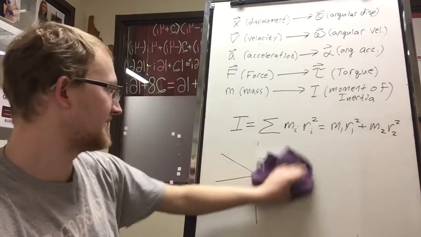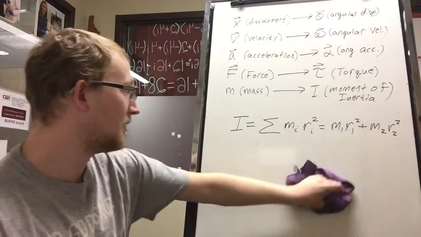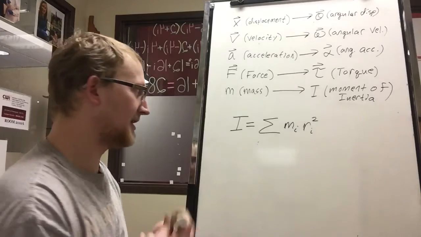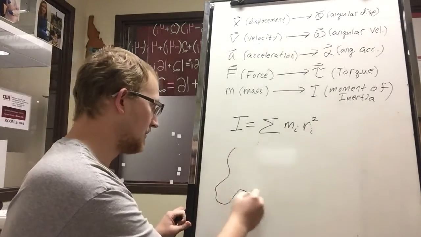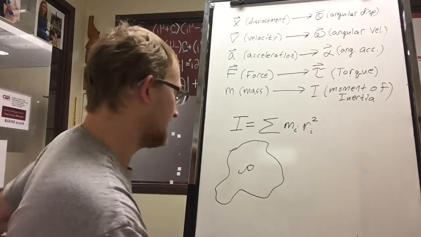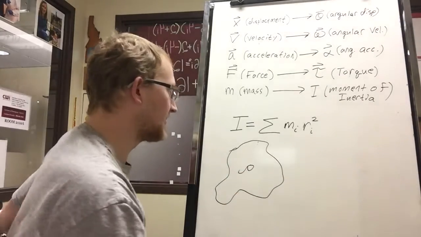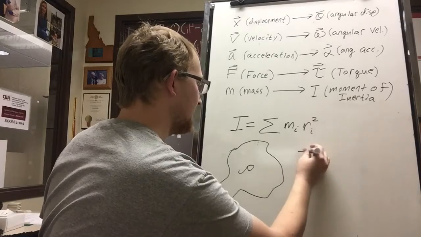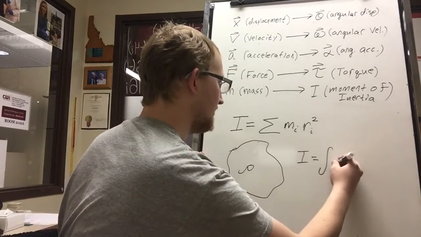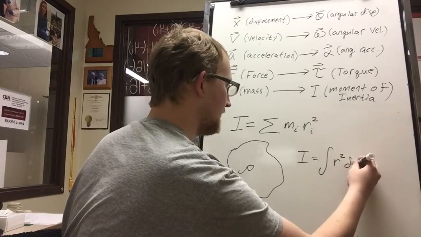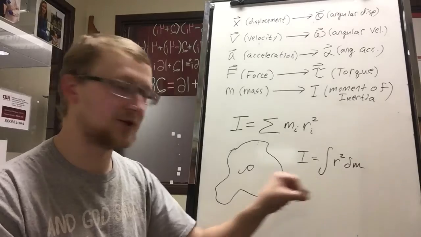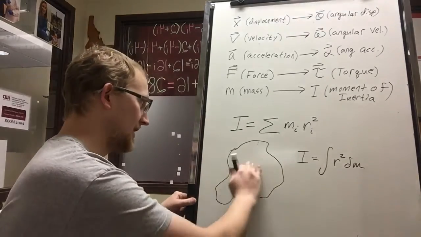Turns out we can write this in calculus form by saying, let's imagine that I have a continuous object, and for now we'll say it has constant volume density. I could write this as an infinite sum, the integral of r squared dm, where r squared is the distance that the small chunk of mass is from the axis of rotation.